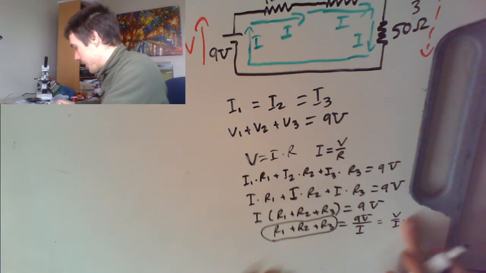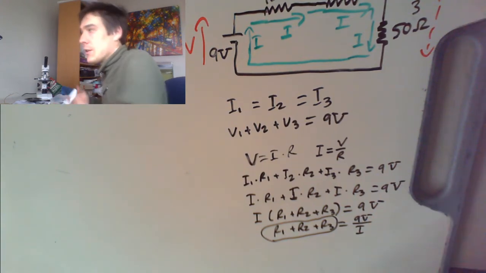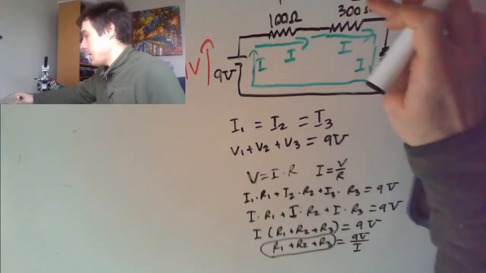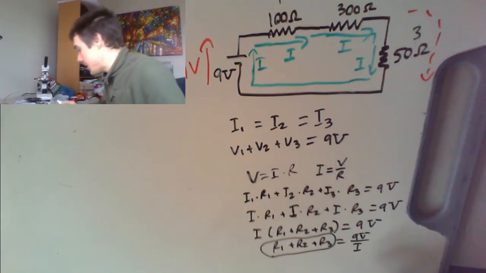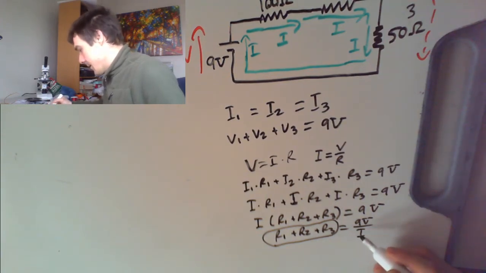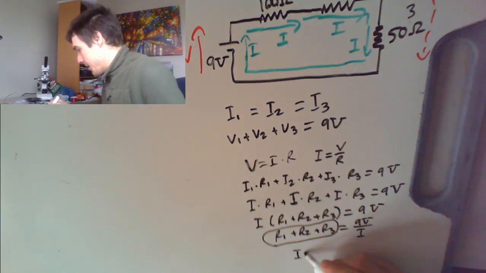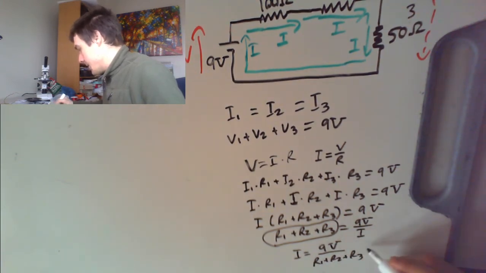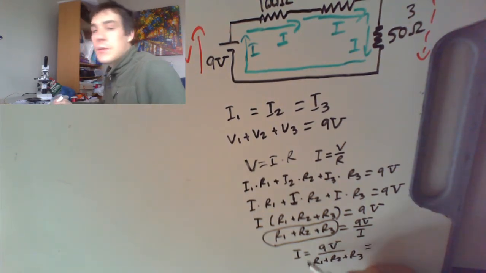We want to know the current through this whole thing, because if we know the current here, we can figure out the voltage at each resistor. So we can flip these, and I becomes 9 volts over R1 plus R2 plus R3, the total resistance. That's the current going through the battery.